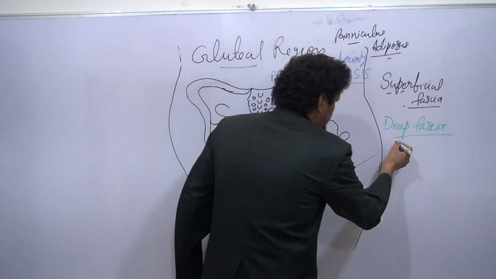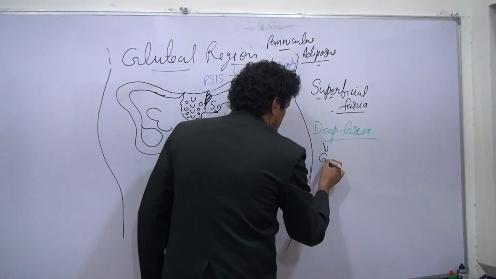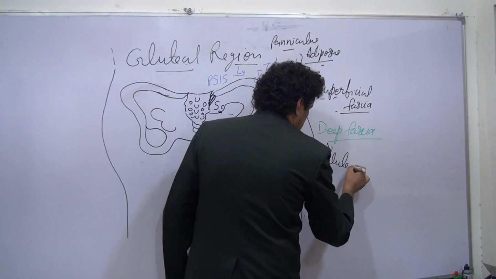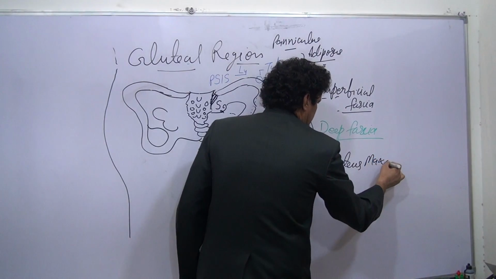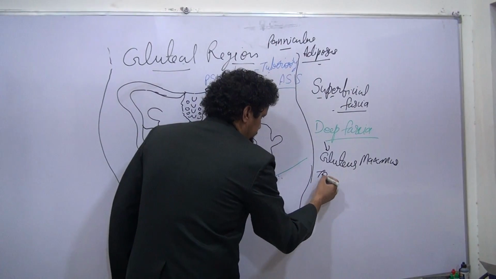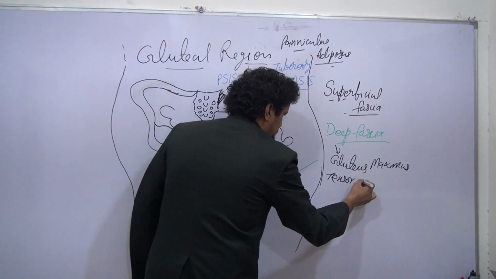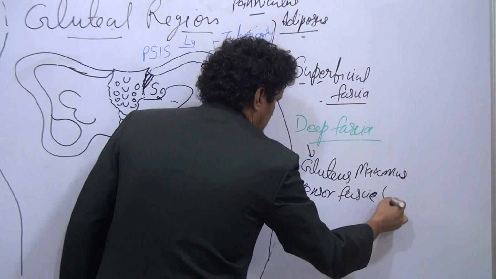So it encloses two muscles, the gluteus maximus and the other muscle is the tensor fasciae lati.